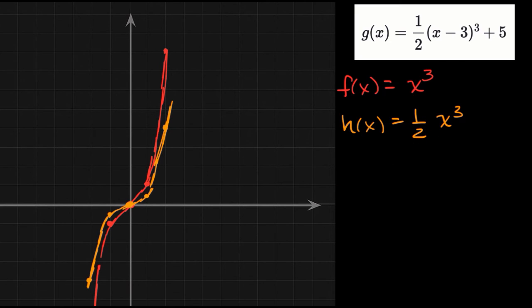And now we want to shift it to the right by 3. So if we take what was this point 0, 0, we shift it to the right by 3, so we go there. So that's what that does. And then we shift it up by 5. That's what that plus 5 does for us. So 1, 2, 3, 4, 5. What was at 0, 0 will now go there.